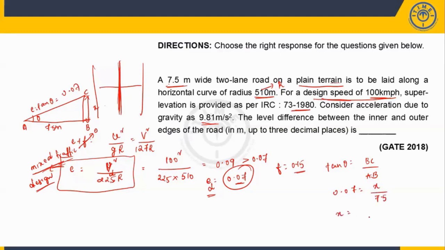What is X? 0.07 multiplied by 7.5. Sir, 0.525 meter. Yes, that will be our answer.